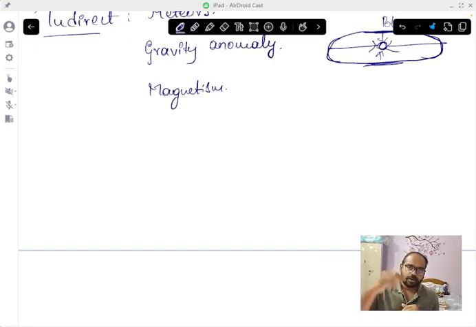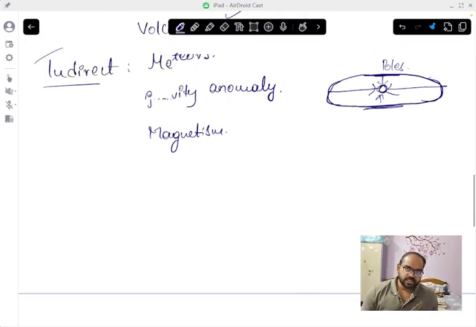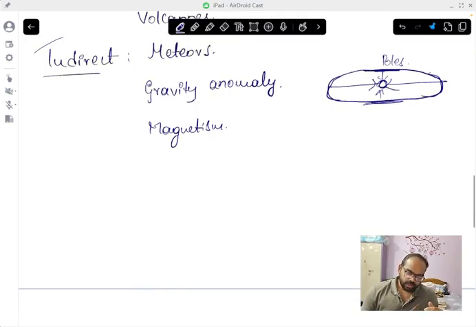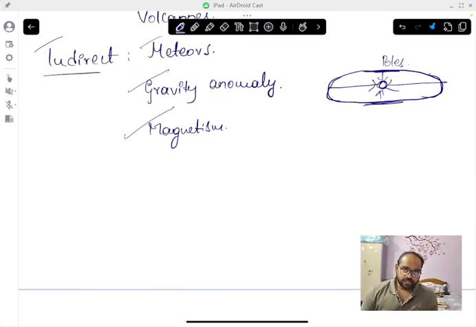If any deeper part of the earth shows a maximum magnetic field, we can say that at a certain depth there are high density materials, and as we move upwards there are less dense materials, due to the difference in magnetic properties. Likewise, they come to certain conclusions. You remember that indirect sources consist of meteors, gravity anomaly, magnetism, and the last one was seismic activity.